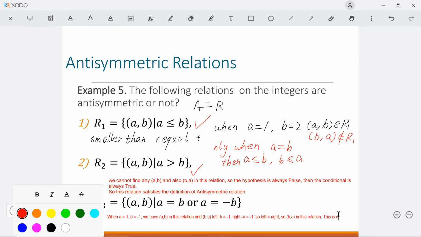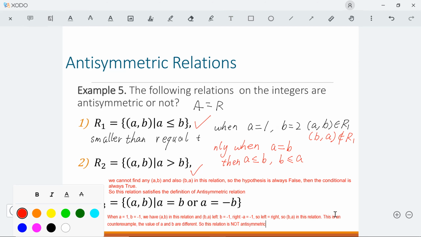So this is a counterexample because the value of A and B are not the same. Okay, so we know this relation is not anti-symmetric.